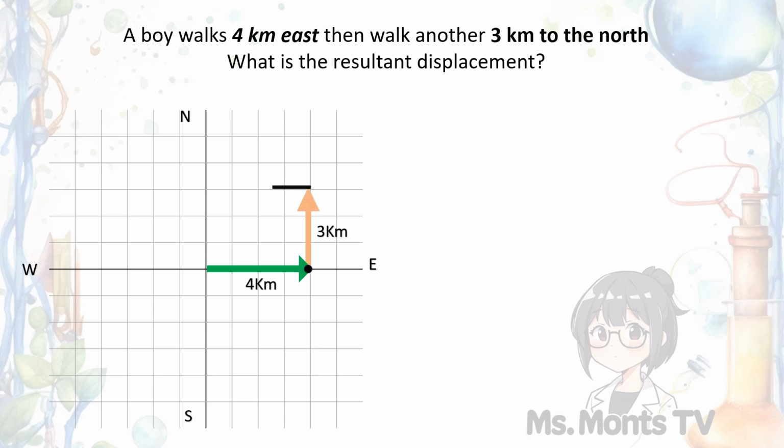So what is the resultant displacement? So let's have our triangle. The x is 4 kilometers, y is 3 kilometers. And what is the angle? And the hypotenuse.